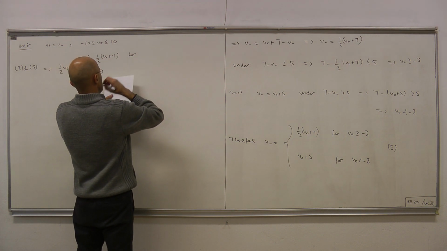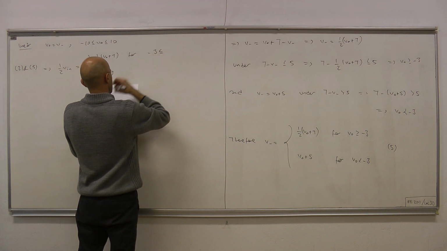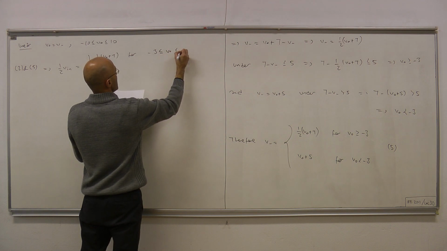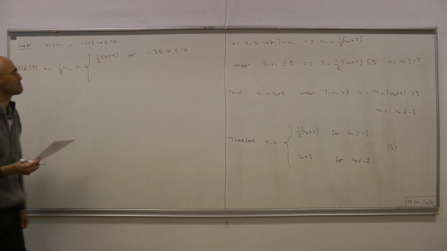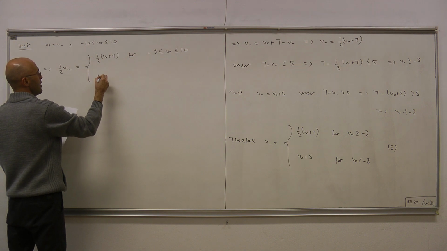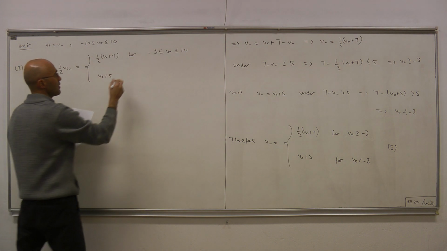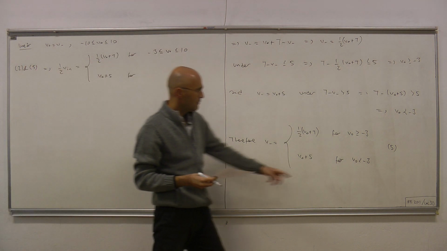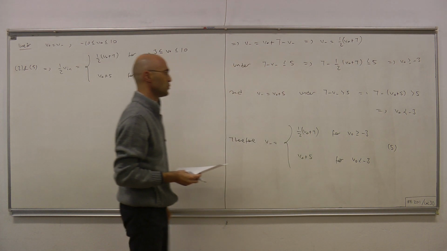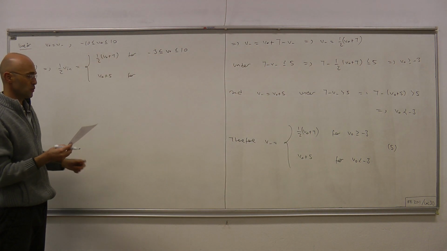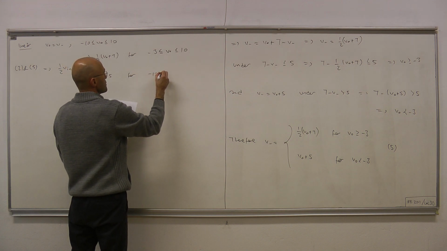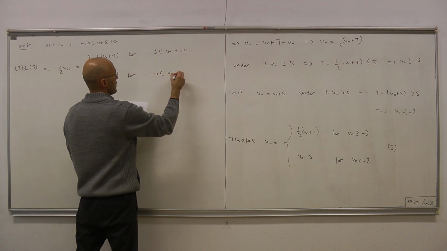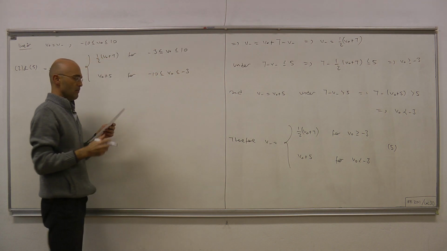Therefore, the intersection is minus 3 less than or equal to V out less than or equal to 10 volts. Okay. And we have V out plus 5 as long as V out satisfies this constraint and this constraint. Therefore, minus 10 less than or equal to V out less than or equal to minus 3.